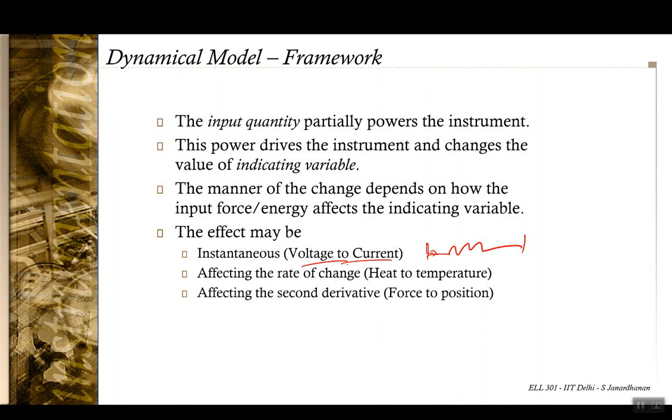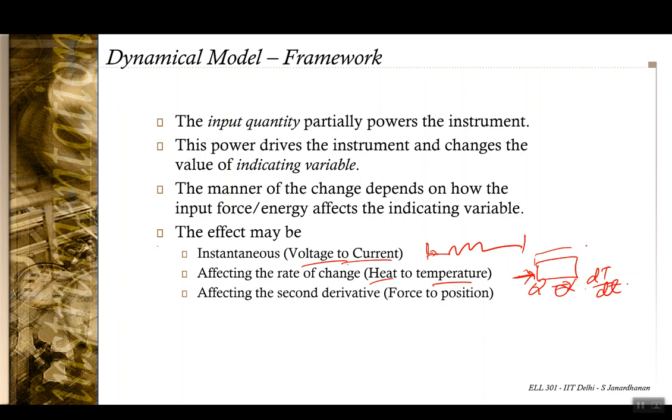Or else it can affect the rate of change of the indicating variable, like heat to temperature. If I am applying heat to an object, the temperature of the object doesn't change instantaneously; the heat being applied is proportional to the rate of change of temperature of the object.